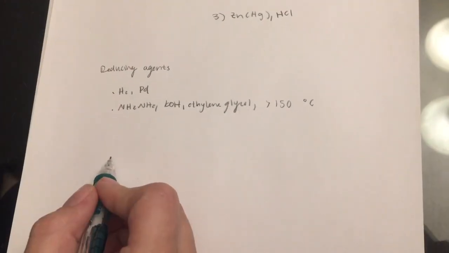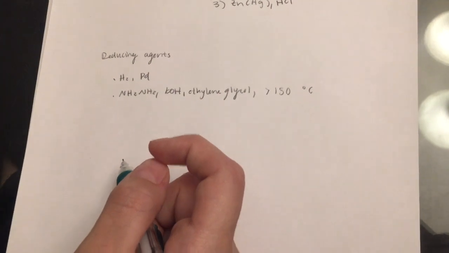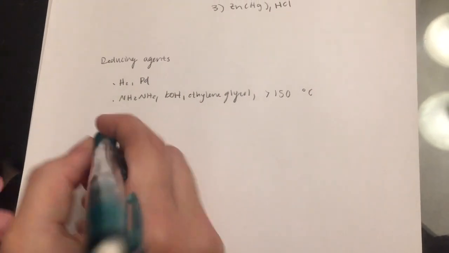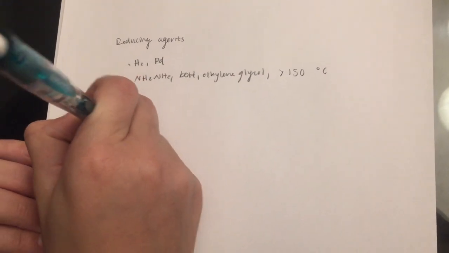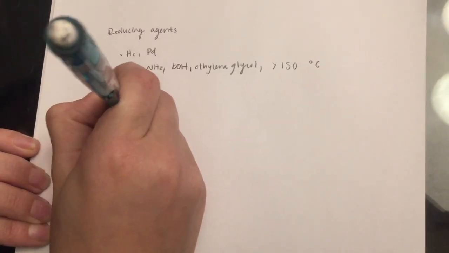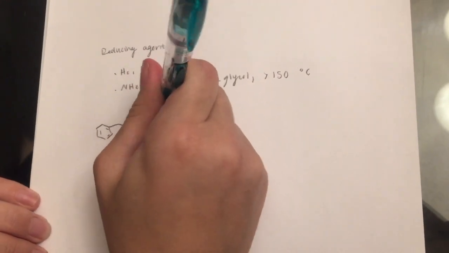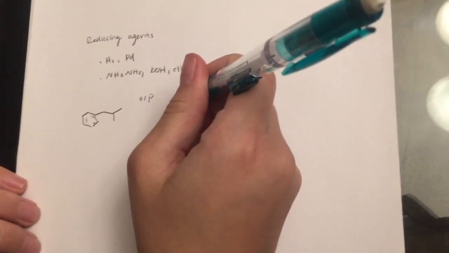If we're unsure about whether reduction occurred before or after bromination, we can see what would have happened if reduction occurred second. If we reduce prior to adding bromine, we'd note that this alkyl group is ortho-para-directing because it's weakly activating.